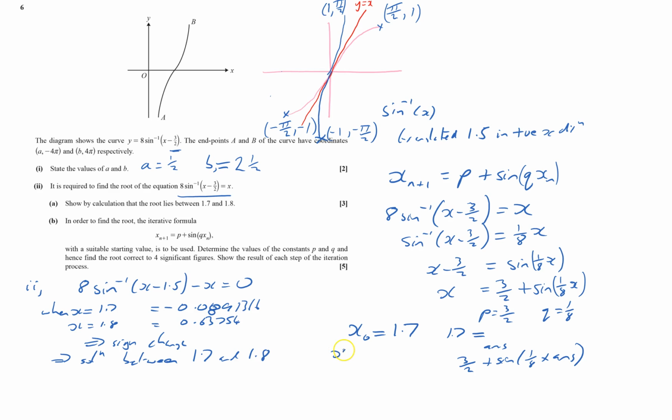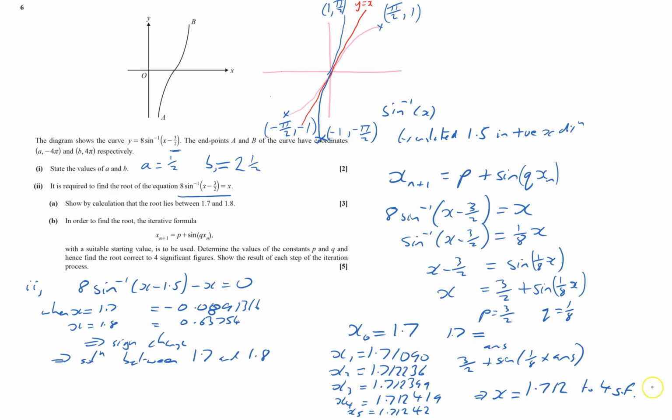So if I do that, I get x1 equals 1.71090, x2 equals 1.712236, x3 equals 1.712399, x4 equals 1.712419. I can keep on going. x5 equals 1.71242.